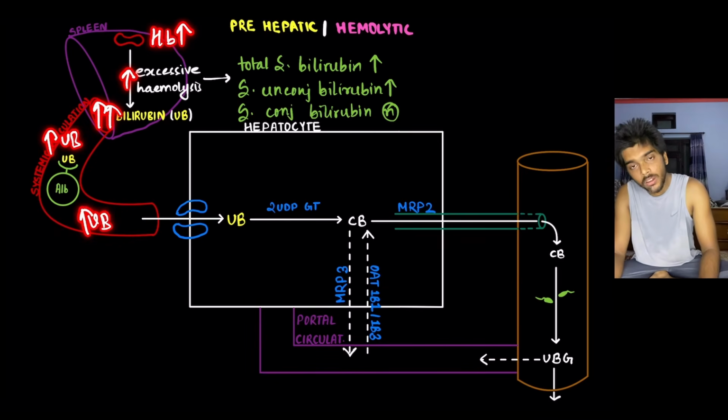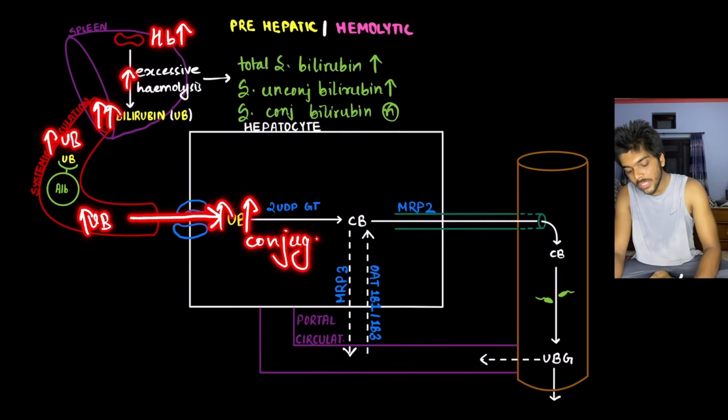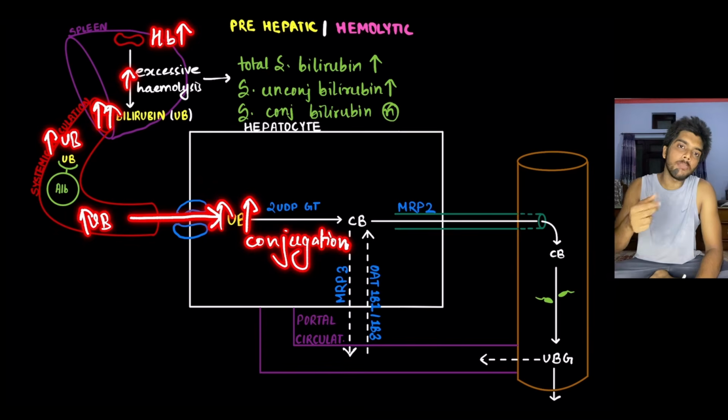This excess unconjugated bilirubin reaches the liver, so there is excess uptake. It goes through the process of conjugation, so there is maximum conjugation by the liver taking place. Maximum potential of the liver to conjugate is being used because there is excess unconjugated bilirubin.